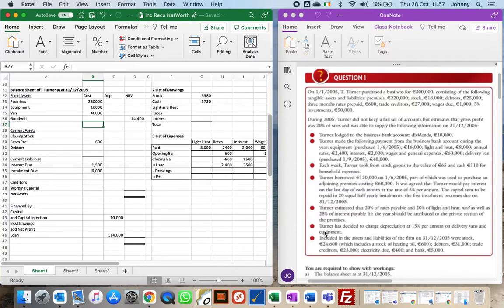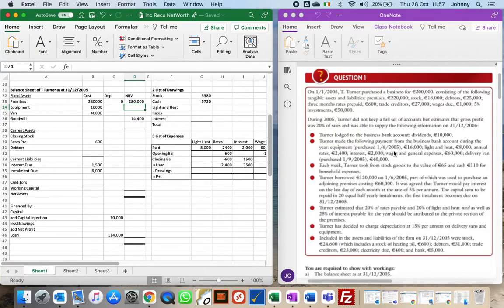Turner decided to charge depreciation of 15% on delivery vans and equipment. Bear in mind, when did we buy the items? You have to take that into account. There's no depreciation mentioned on premises, so premises is its cost figure. Equipment, when did I buy it?